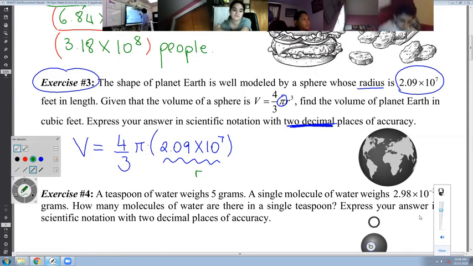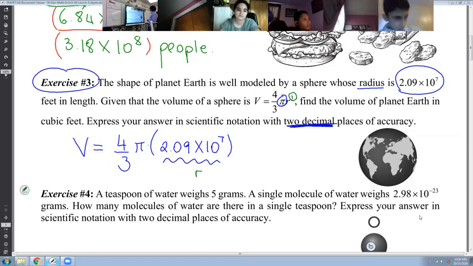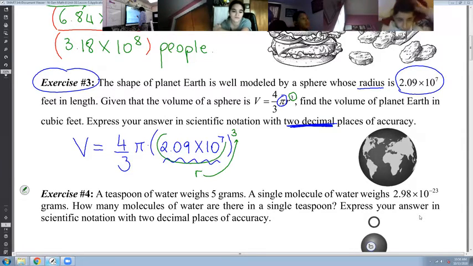What I have to use in here is R cubed. Where will I put the cube? After the parentheses. Yes, here. And you see that this one is now R cubed. This is R, and this one is R, and it is now R cubed. It is the same as this one now.